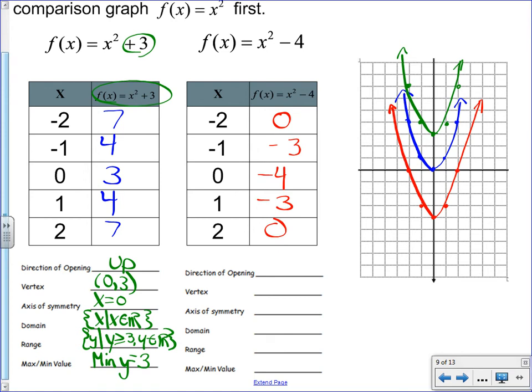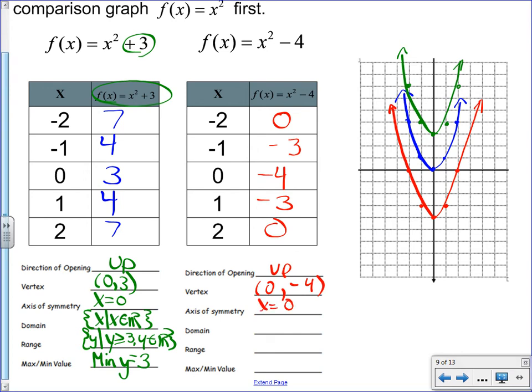Good. What's my vertex, Kev? 0, 4. Not 0, 4. 0, negative 4. Very good. My axis of symmetry, Austin, what is it? The axis of symmetry is still x equals 0.